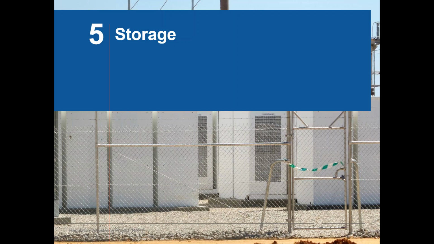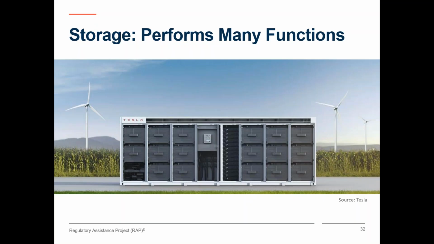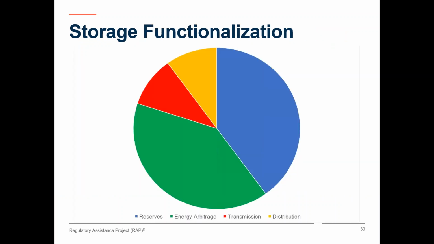Storage performs a lot of functions within the utility system. The cost allocation method really needs to consider all of these functions. In the functionalization stage, part of the cost of energy storage should be attributed to reserves available at all hours, part to energy arbitrage, turning low value power that is surplus in some hours into more valuable power that can be used at high load hours.